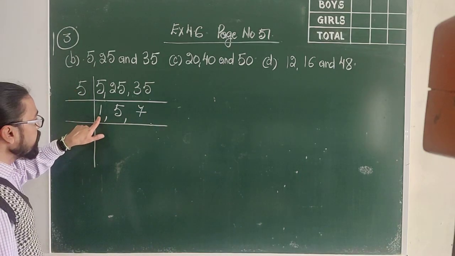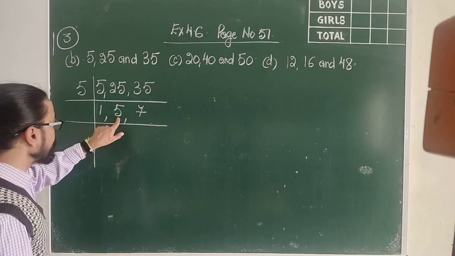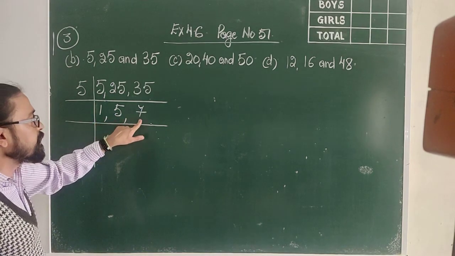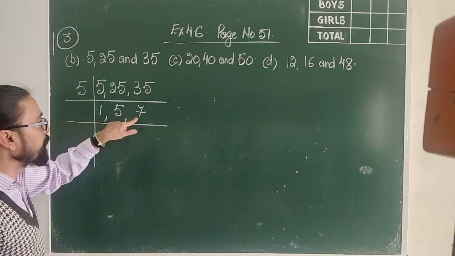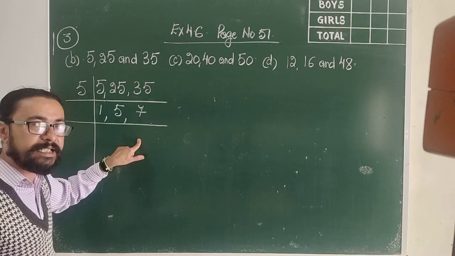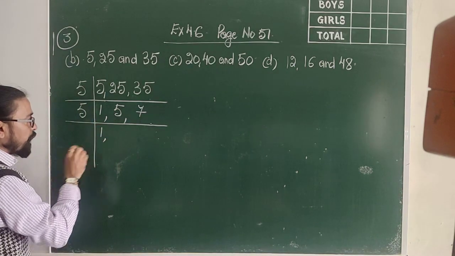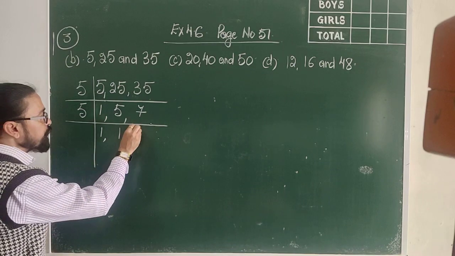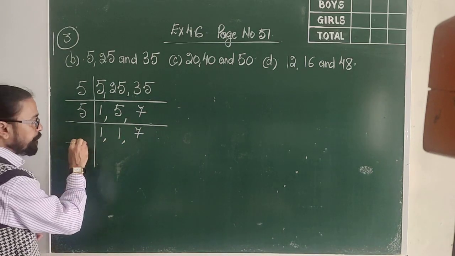Leave alone 1, because 1 will be carried over right till the end. Is 5 divisible by 5? Yes. 7 is not divisible by 5. So this 5 will be divided by 5, but this 7 will be copied to the next line. So 5 ones are 5, and 7 is copied down. Now I have got two 1s which will go to the next column.